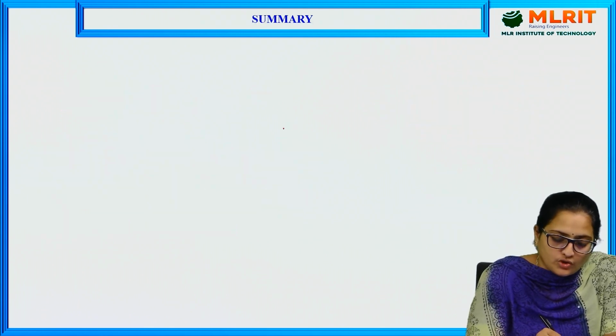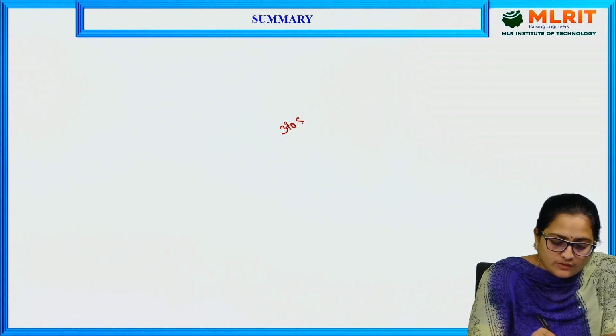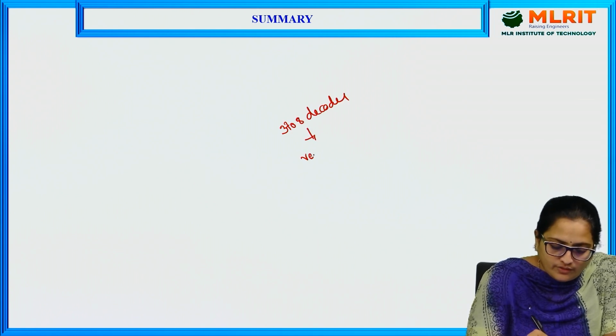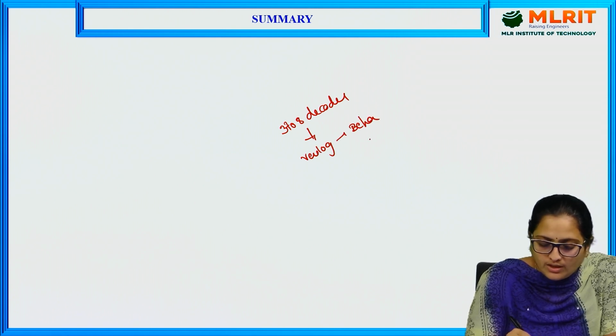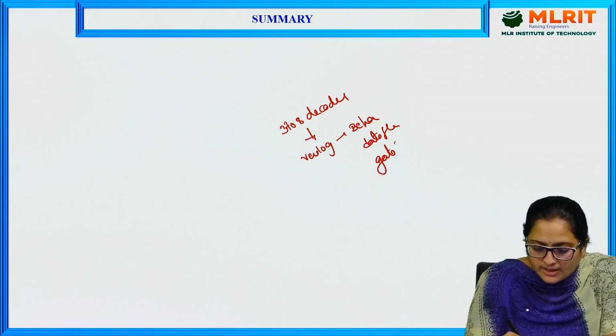In this video, we discussed the 3 to 8 decoder, and how to write Verilog code for the 3 to 8 decoder at the behavioral level, the data flow level and the gate level.